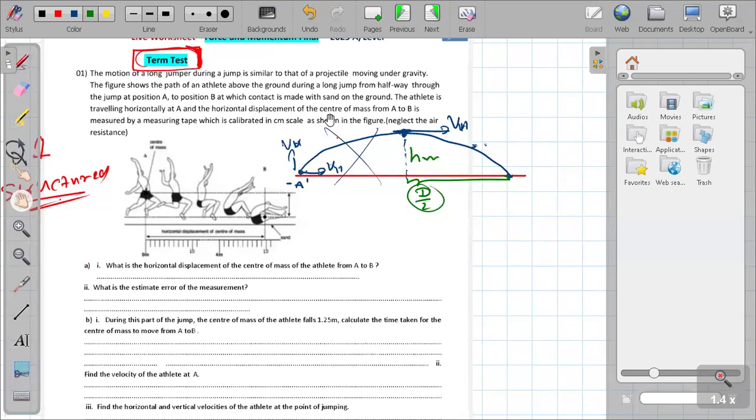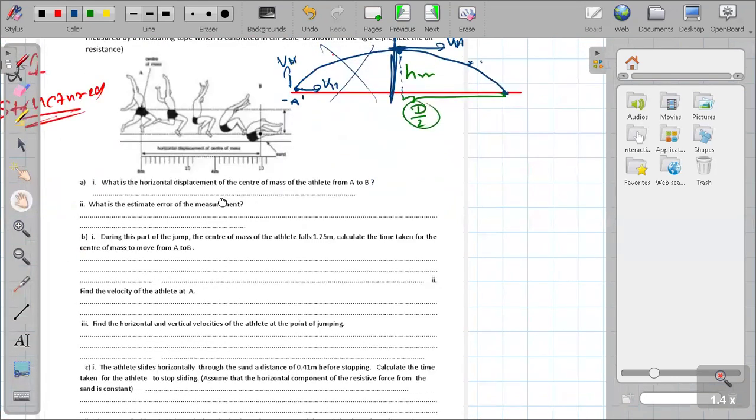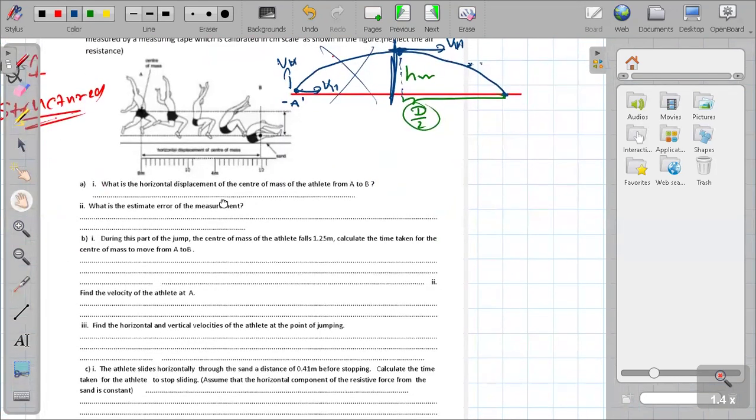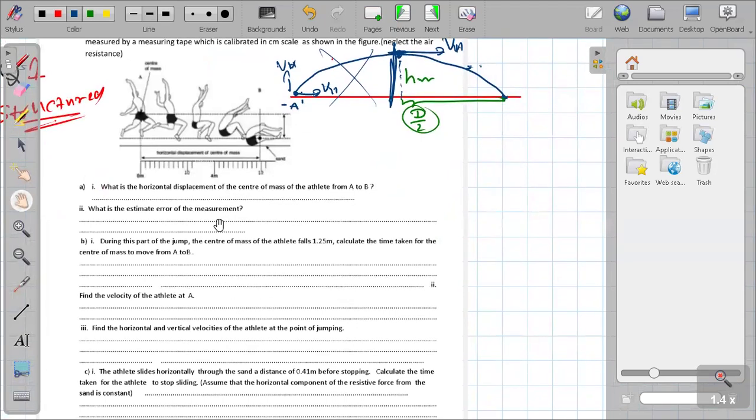Center of mass from A to B is measured, calibrated in centimeter scale as shown in the figure. Neglect the air resistance. Halfway through the jump, halfway can be exact half. Right. What is the horizontal displacement of the center of the mass of athlete from A to B?